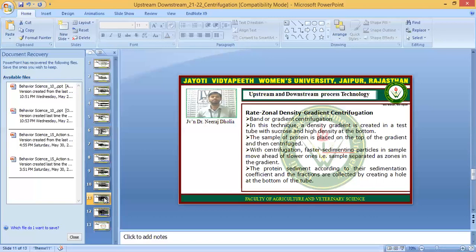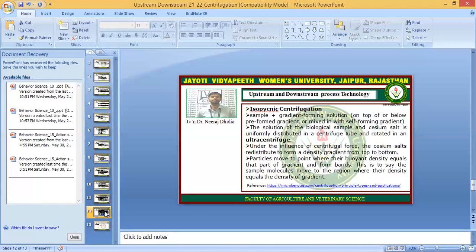The sample separates as zones in the gradient. Here the zones of the gradient are prepared with sucrose, meaning there is no continuous scale, but separated zones are there. So the molecules of matching density will settle in the matching density zone. That's why it is also known as the zonal density gradient centrifugation.